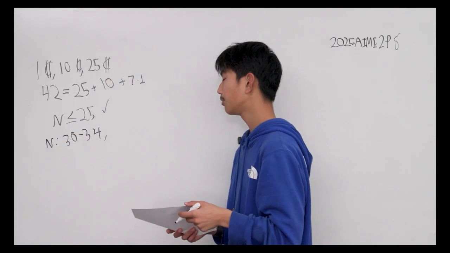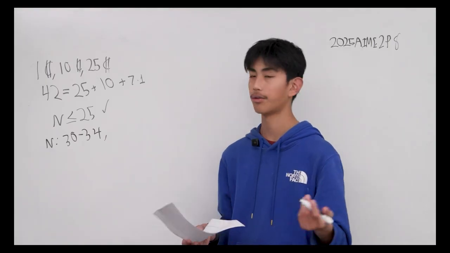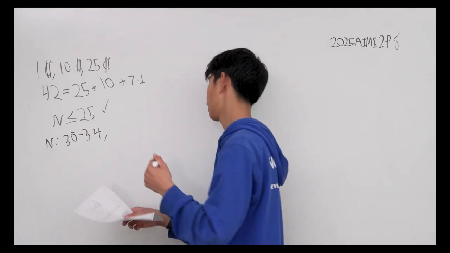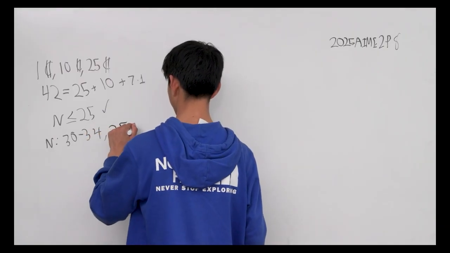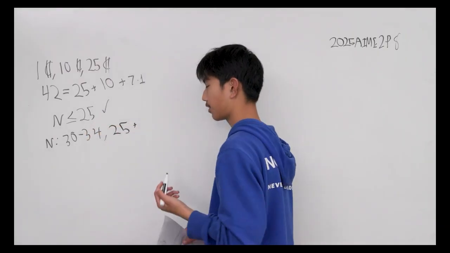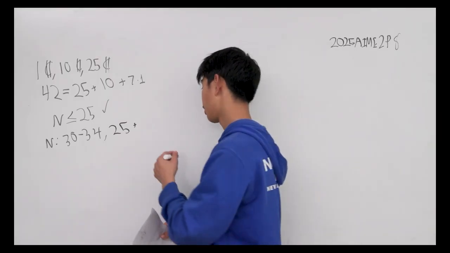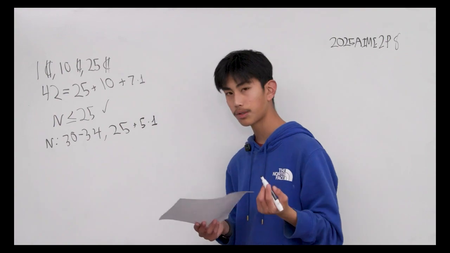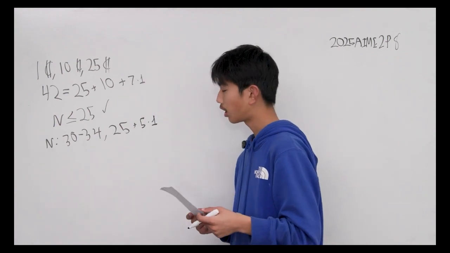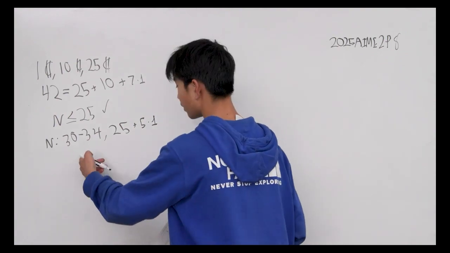Because the greedy algorithm way to get 30 is, well, you have to start with the largest. So 25, and then you can't have any 10s since it would go over 30, so you have to add 5 1s.